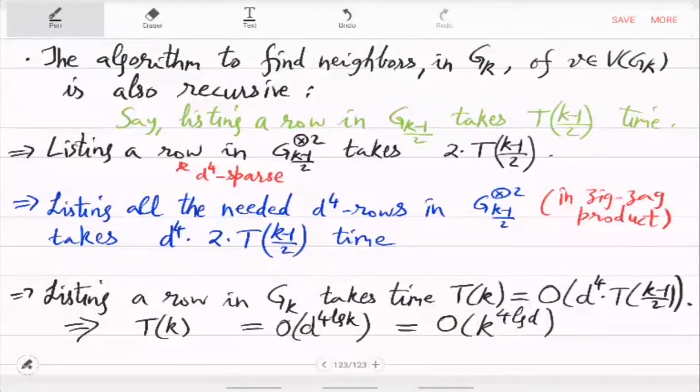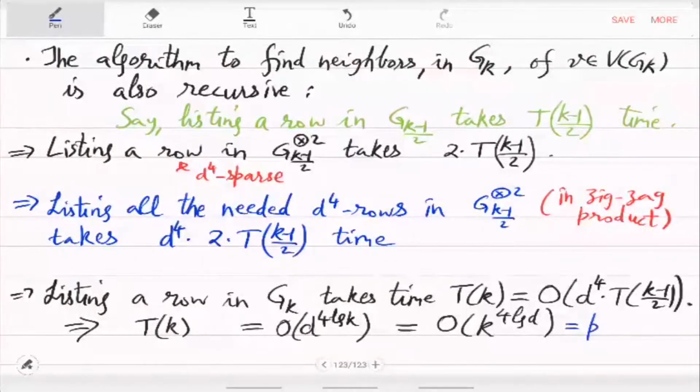Okay, so the point is that since d is a constant, this is only polynomial in k, which is polynomial in log of 2 raised to k.